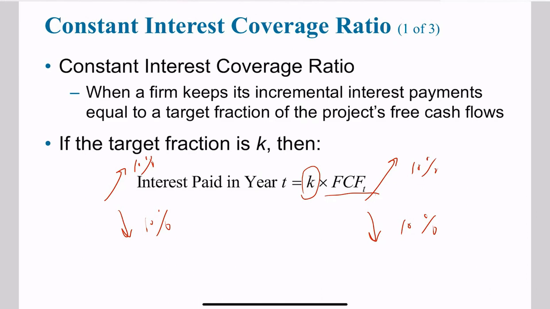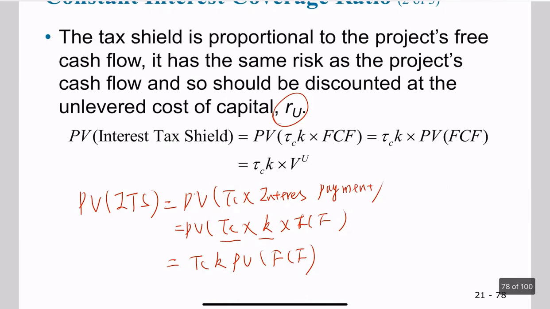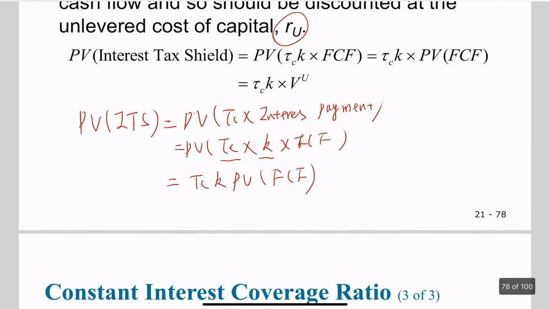right? So here we should use RU, and you can see that if you discount the free cash flow with RU, then the present value of free cash flow will just give you the unlevered value, right?